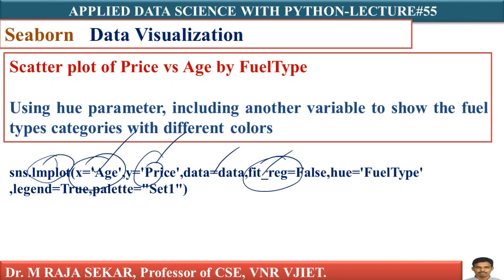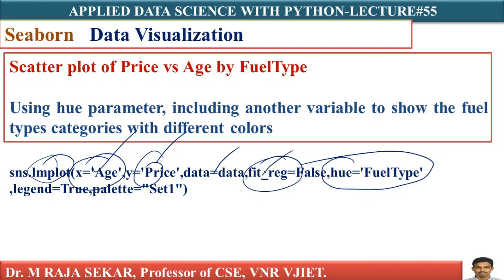Here I am adding one more variable into the scatter plot using the hue parameter. This is the hue parameter, isn't it? Since we are going to add one more variable, points are going to be differentiated using colors based on the fuel type of the car.